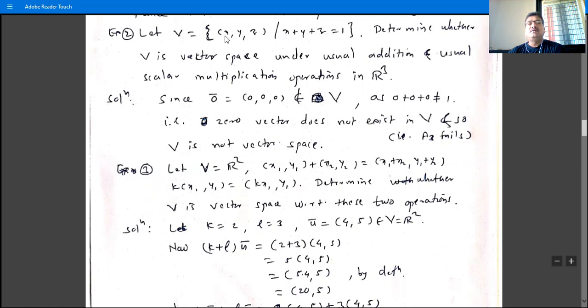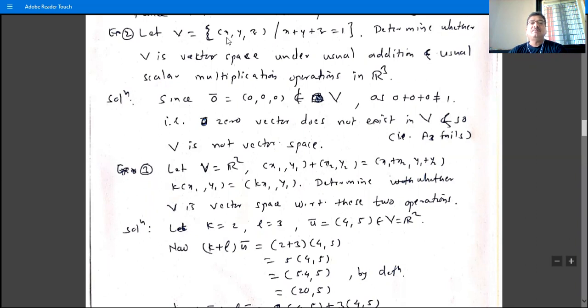Then (2, 3, -4)... (-2, -3, 6): minus 2, minus 3 becomes minus 5, plus 6 is 1. So these are elements. (0, 1, 0) and (0, 0, 1) are also elements of this.